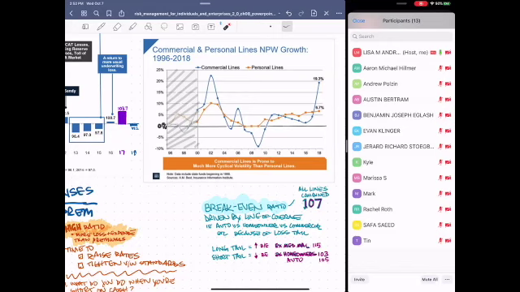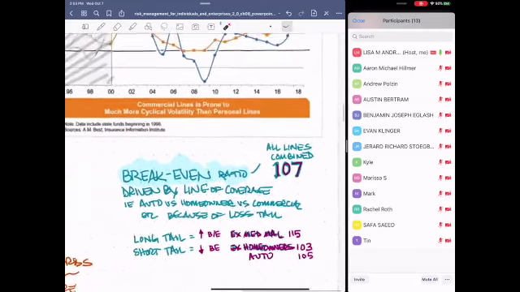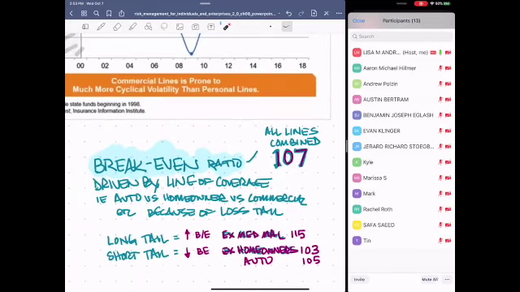But they don't put their money under a mattress, they invest it. And their approach to investing looks very different depending upon the line of coverage. But if we lump them all together, if we put every P&C company into the same bucket, their break-even combined ratio is 107.